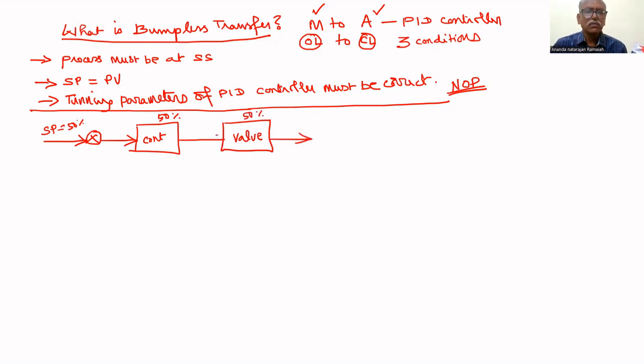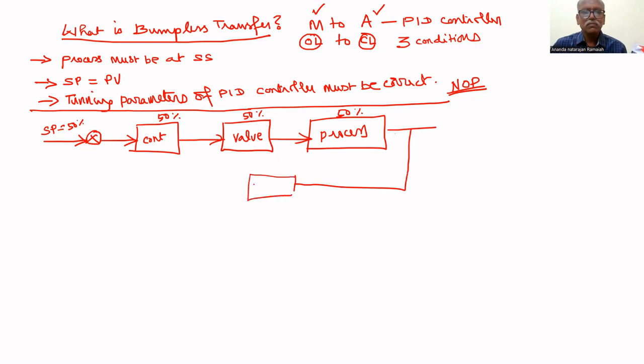Let us assume all ideal cases, the process is set to 50% level. Therefore, the feedback transmitter transmits process variable as 50%.